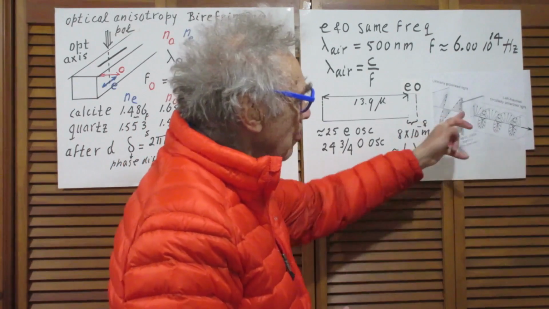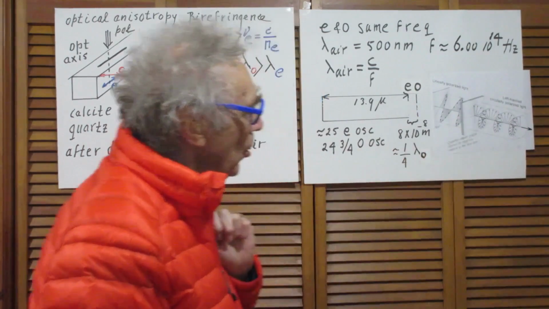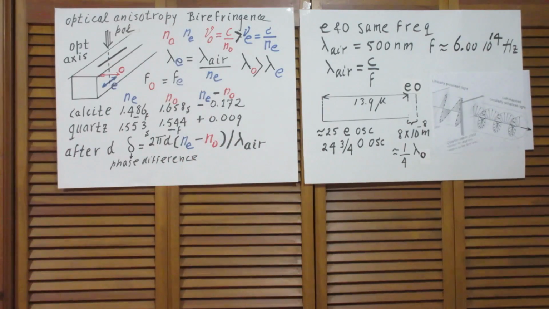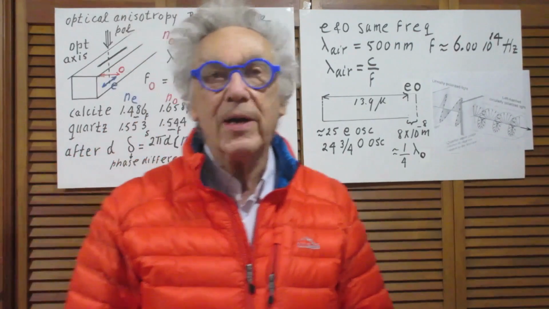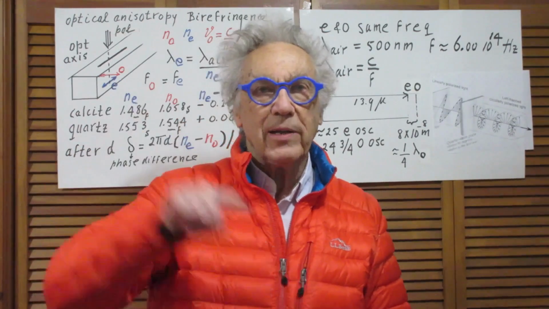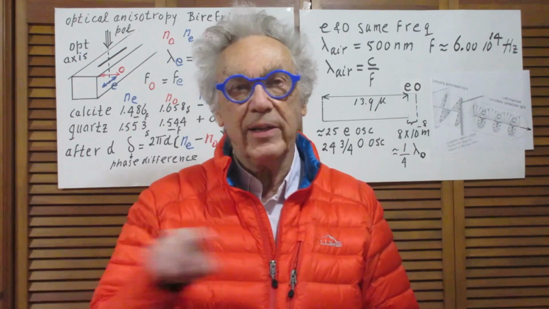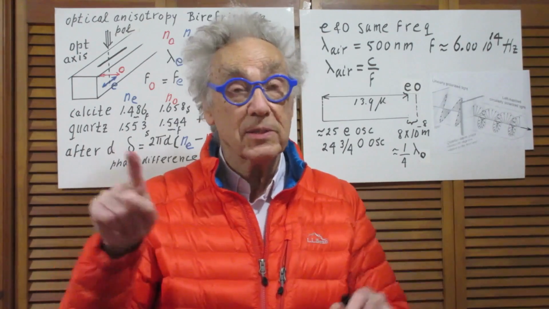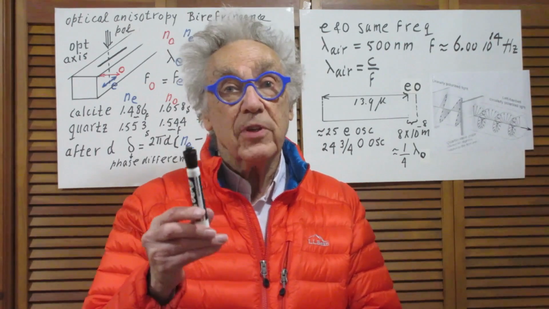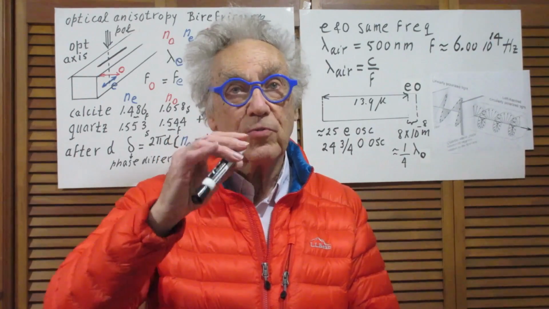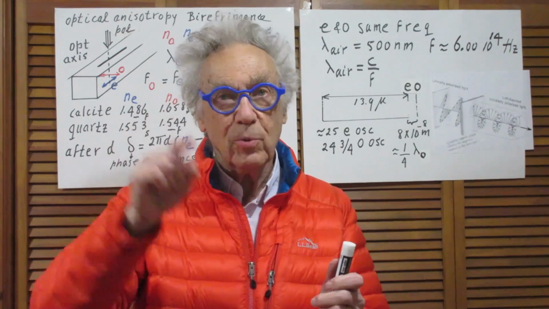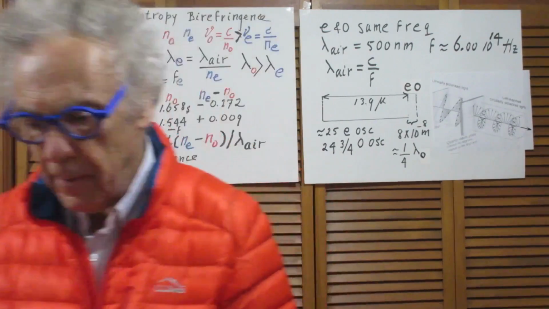Now, I will try to zero in a little bit on this. Linearly polarized light, the E vectors go like this, or like this, or like this, if they are linearly polarized. Circular polarized light, the E vector goes around like this, as opposed to linearly polarized light like this.